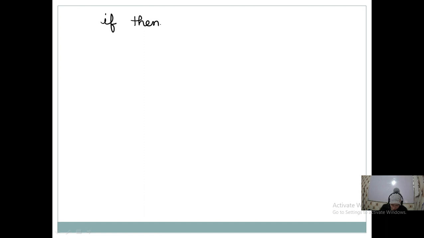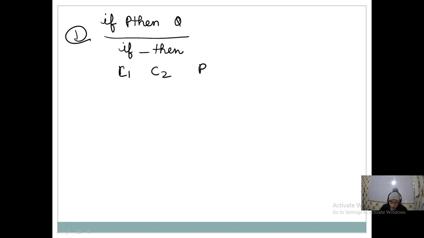And second topic is if then. If P then Q. Means if and then condition. In this case we have two conditions, condition 1, condition 2 and result. If both conditions are true, result will be true. If one condition true, other condition false, then result false.